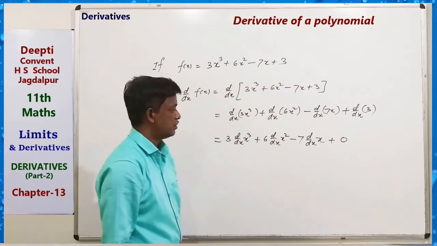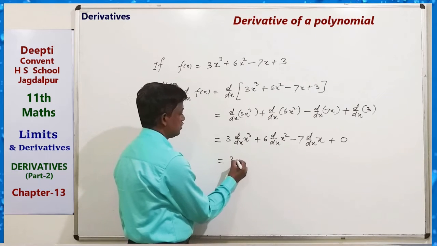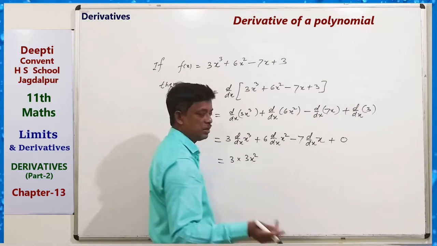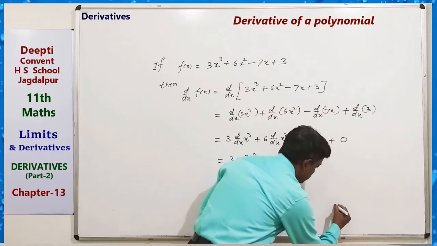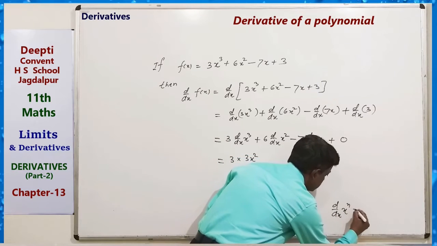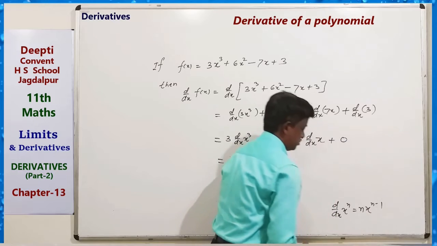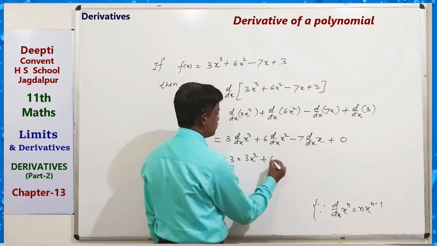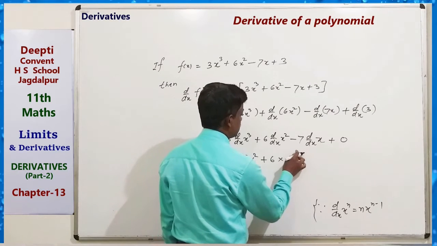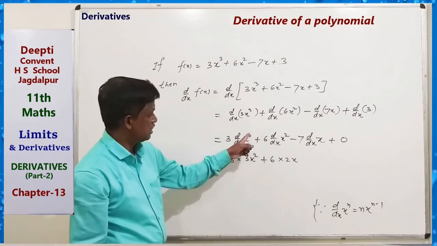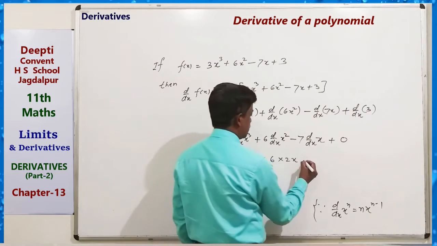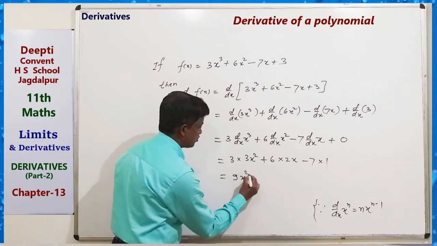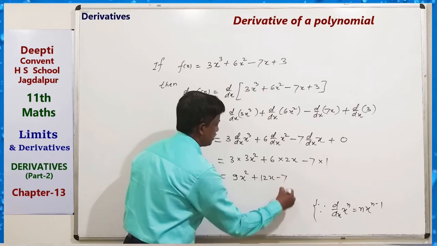Using the formula d/dx of x to the power n equals n x to the power n minus 1, we get 3 into 3x square, plus 6 into 2x, because 3 minus 1 is 2 and 2 minus 1 is 1, minus 7 into 1. So we get 9x square plus 12x minus 7.